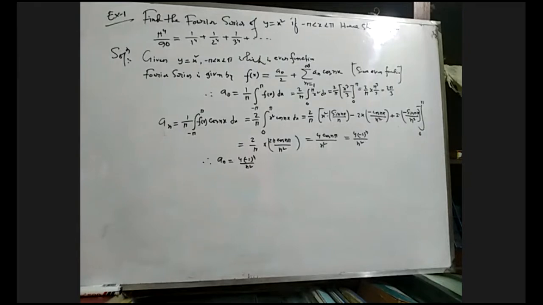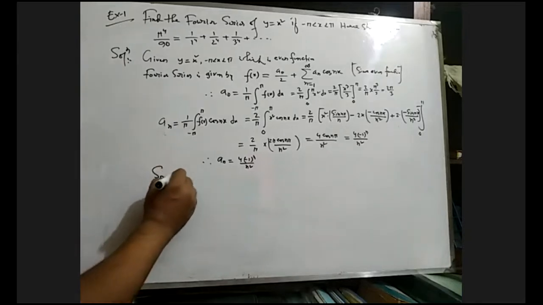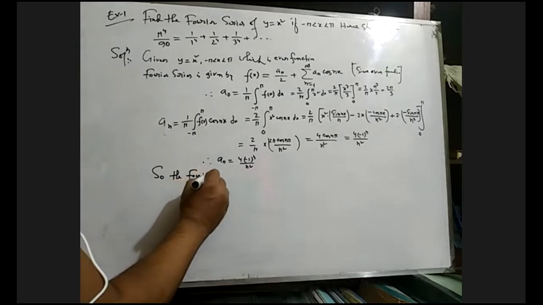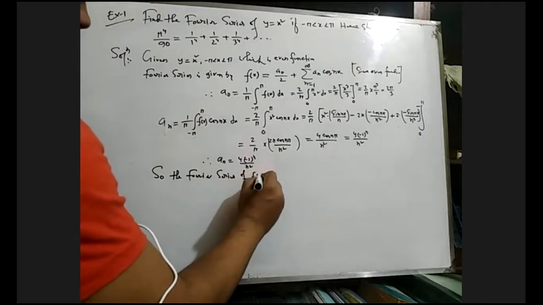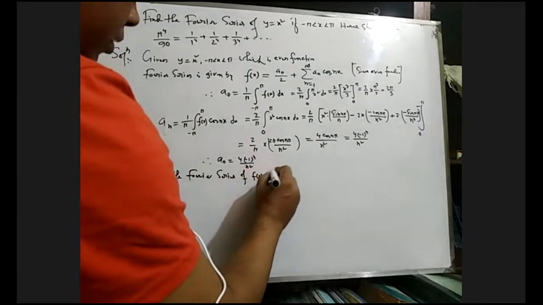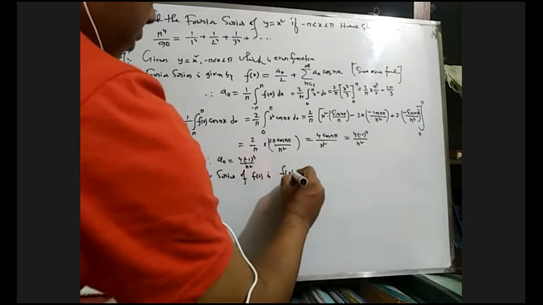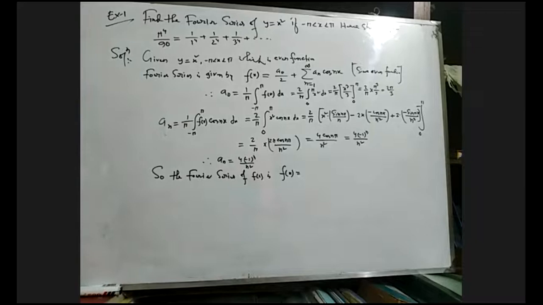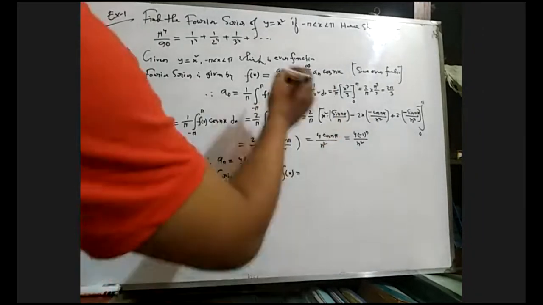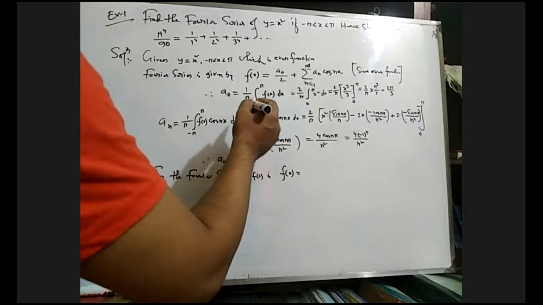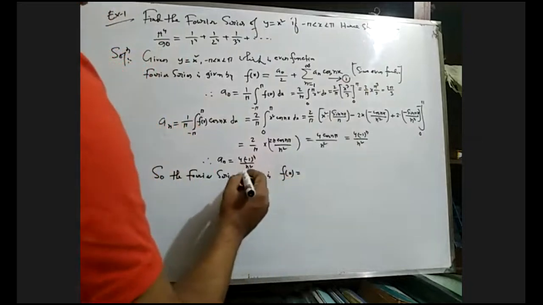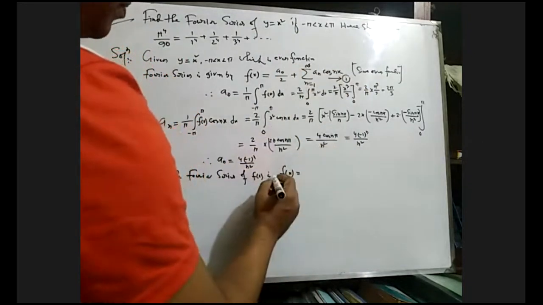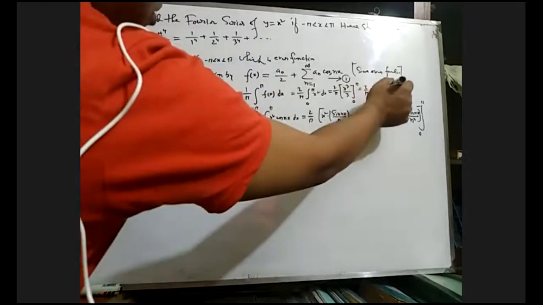Again, the Fourier series of f of x is what will be? f of x equals, from equation 1, a_0 by 2 means what? 2 pi square by 3 by 2.